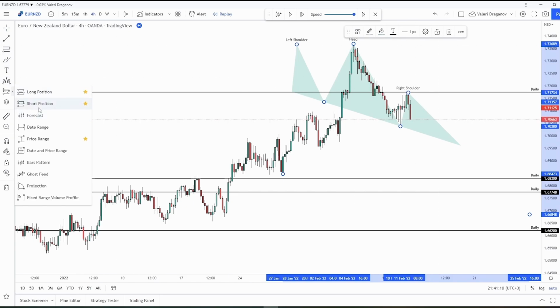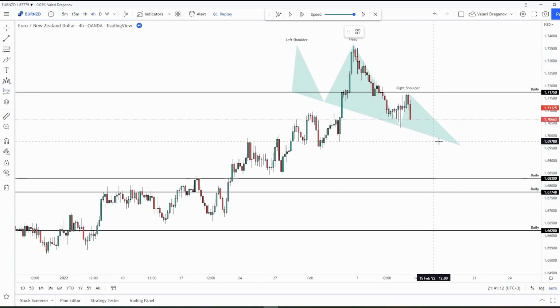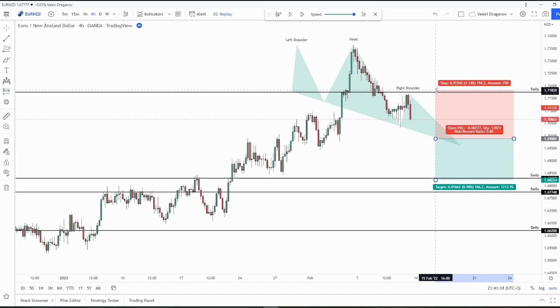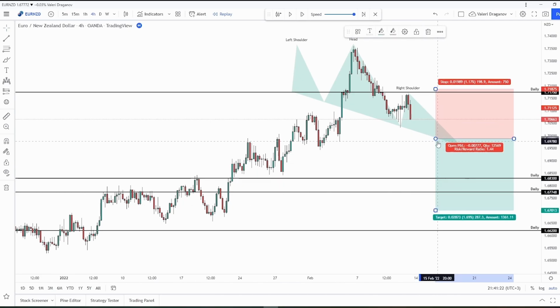Because we are waiting for a breakthrough of the neckline. And if our breakthrough was here, our stop would be way bigger, and our entry in a short position would be very late, because here you can see a correction is already formed, and our stop would be too big, and our profit would be smaller.